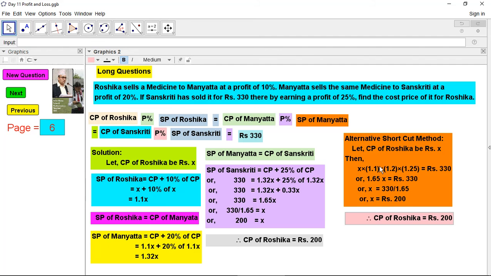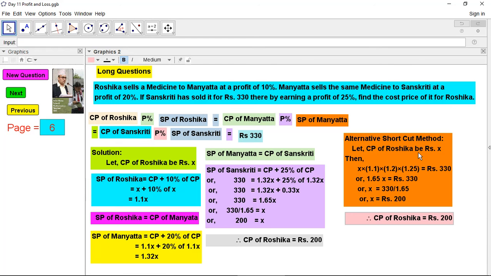Sanskriti asks, sir, how 1.1, 1.2? 10% profit means, if your cost price is 100, then by adding 10% profit, 100 plus 10% of CP, that means 0.1. 100% means 1 plus 10% is 0.1, it becomes 1.1 times the number.